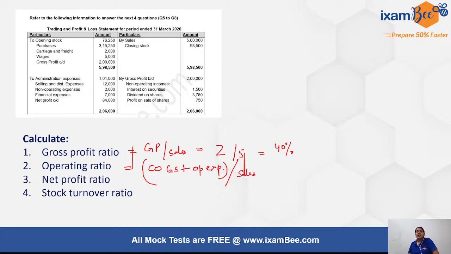So when we are calculating different ratios from the profit and loss, our base is usually the sales, right? So here my cost of goods sold. Now cost of goods sold is basically including the raw material that I have consumed and the direct expenses related to it, right?